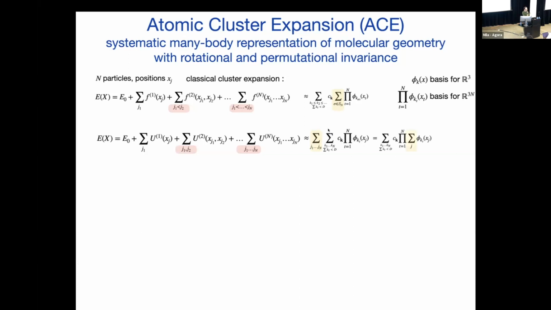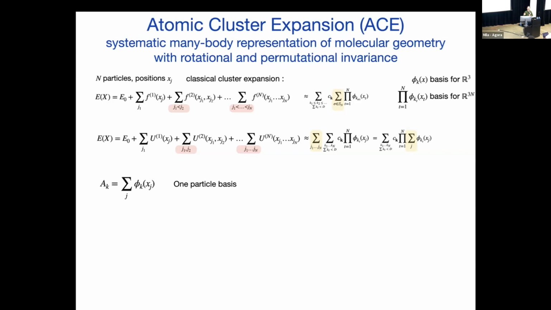I can swap the sum and the product. So this sum and this product is now swapped. I can bring the sum inside, and I sum a single sum over j, sum over my basis functions. Then I do the tensor product. And when you product a sum, you get all possible combinations. That's amazing because I've gotten rid of an n factorial cost.